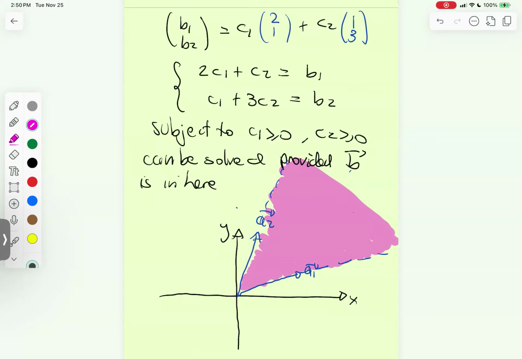The idea is that if the vector B happens to be inside the region of the matrix, that is when this system of inequalities can be solved. I mean, inequalities together with equalities, it's kind of a mix. So if the vector B happens to be anywhere in here, that's when you can solve the system.